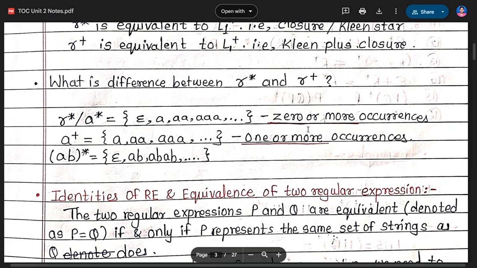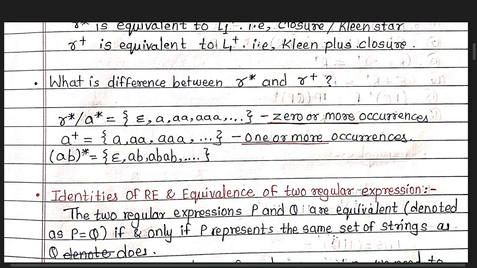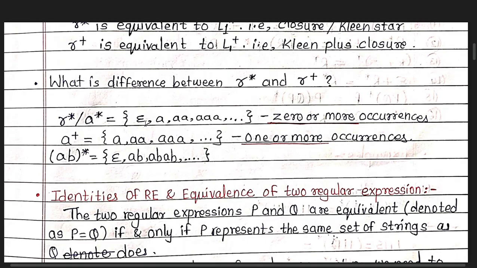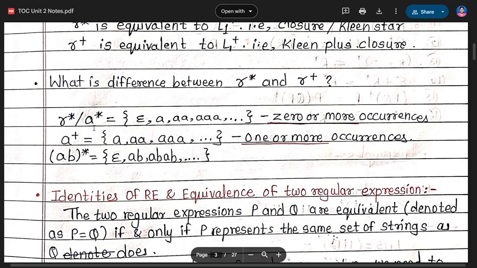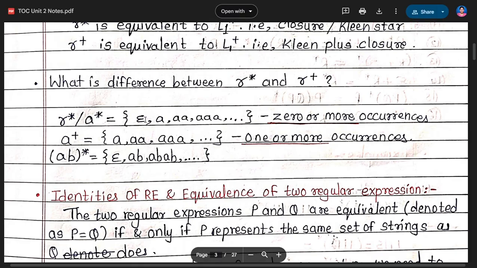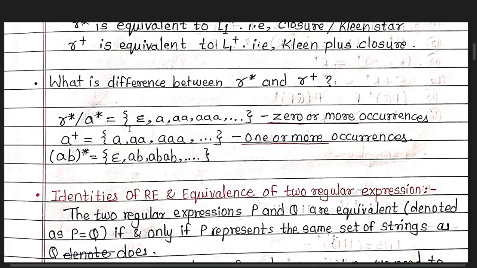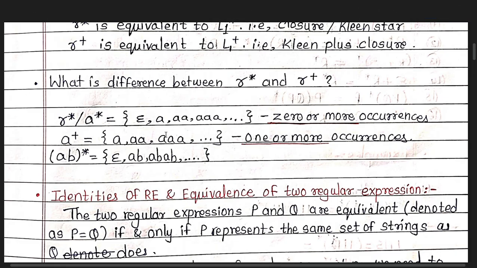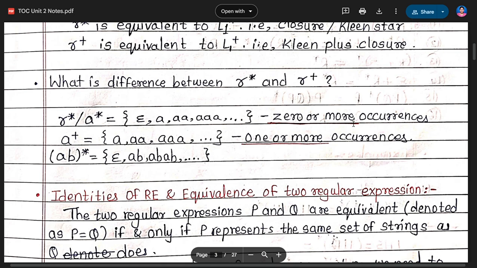Now what is the difference between R star and R plus? R star, or A star, starts from epsilon, then A. Because this is a loop, it gives double A, triple A, four times, five times A. So zero or more occurrences.